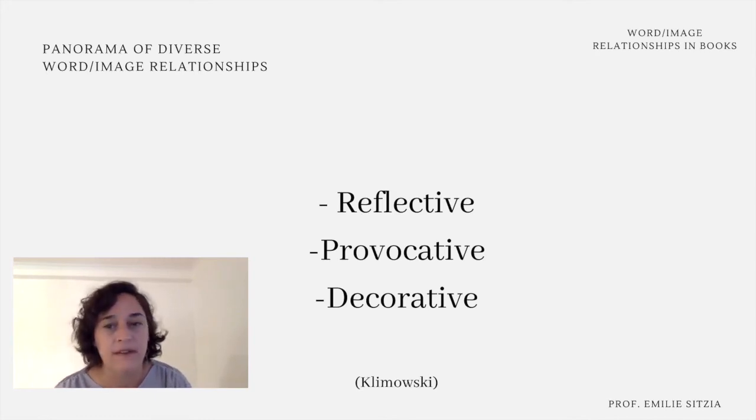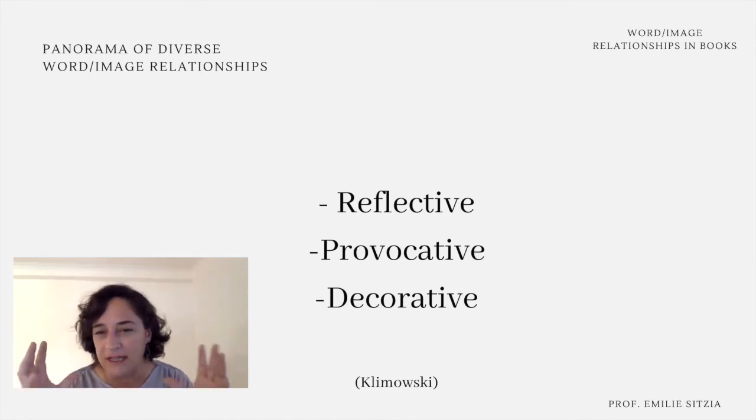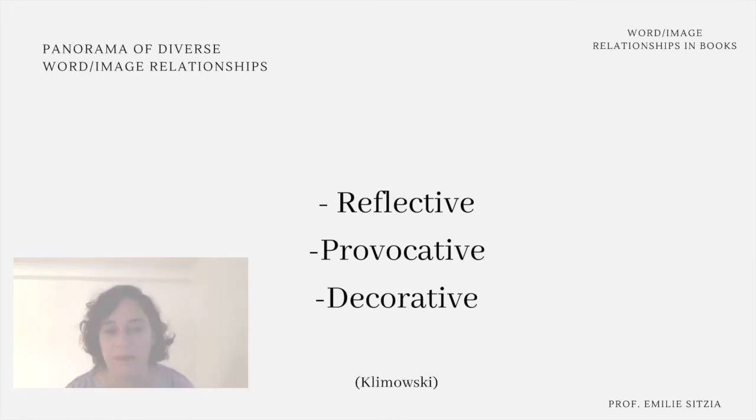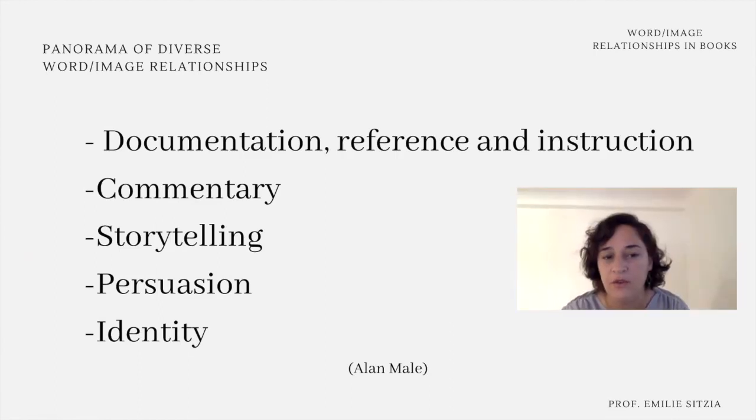So the categories, while really tempting in terms of that action of the image on the text, or that dynamic between the text and the image, do not encompass those relationships completely. So we usually also like to look at Alan Male, who's really one of the leading scholars on illustration, but who comes to it from more of a practitioner's position. This is how he splits those relationships.